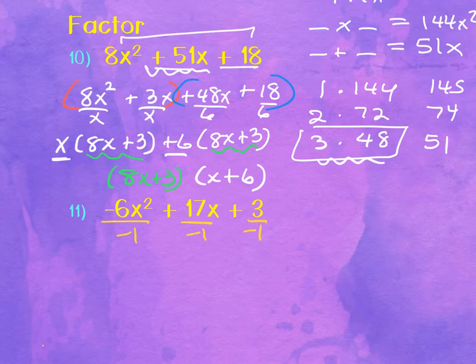Wait, which ones do we always make positive? The x squared. It's going to help us later on when we find zeros. So divide everything by -1. Wait, I'm sorry, can you repeat why you're dividing everything by -1? It's going to help us later on in the course.